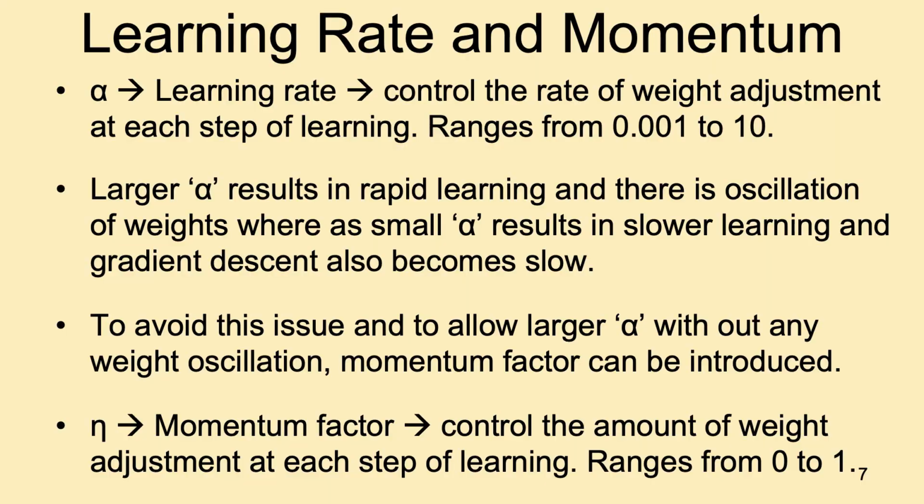How faster? That depends on the factor called learning rate, the rate at which learning has to be conducted. That means the rate at which weight has to be updated, right? For every 0.1 second or every 0.01 second or every 0.05 second, like that. For every 0.1 second we have to update the weight value, or for every 0.5 seconds. That is alpha, the learning rate.